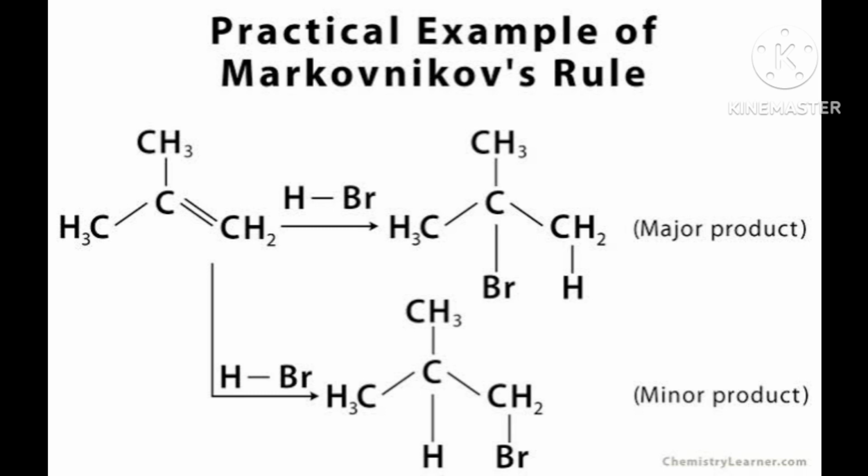The number of hydrogens at carbon number 1 is 2, but at carbon number 2 it is only 1. Between carbon 1 and 2 the double bond is there. Hence when this double bond breaks, meaning the pi bond, the bromide from HBr, the negative part, will go to the carbon which has fewer hydrogens, that is carbon number 2.